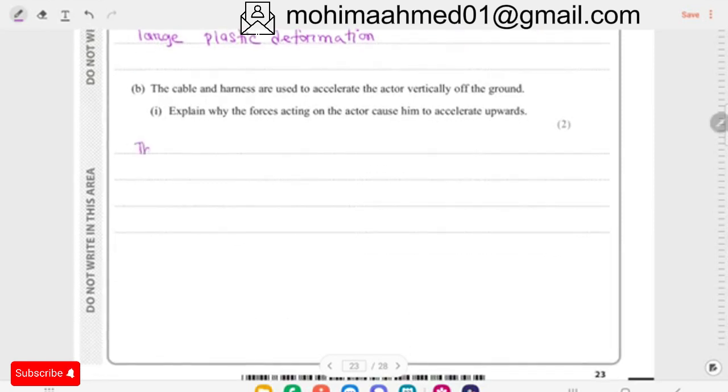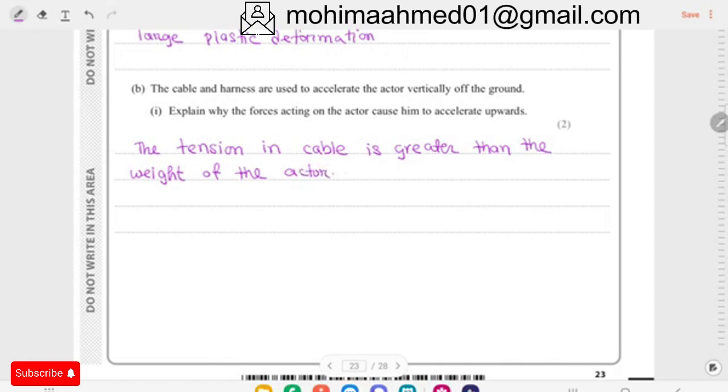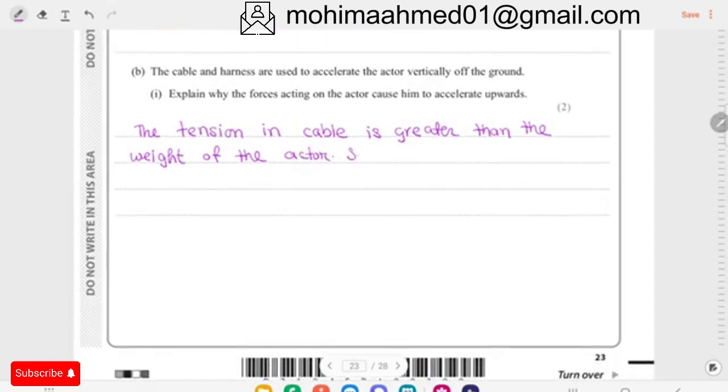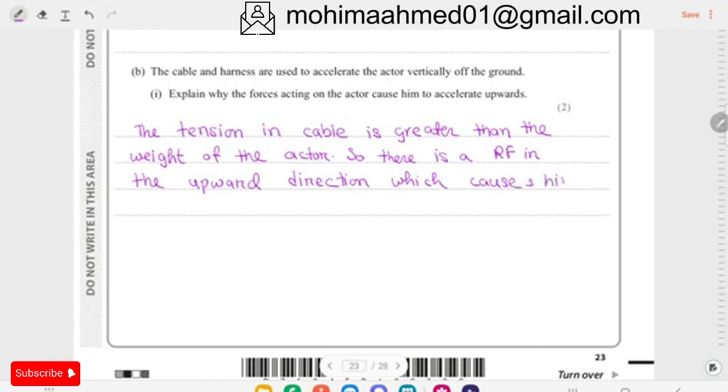So we can write that the tension in the cable is greater than the weight of the actor, so there's a resultant force in the upward direction, which causes him to accelerate.